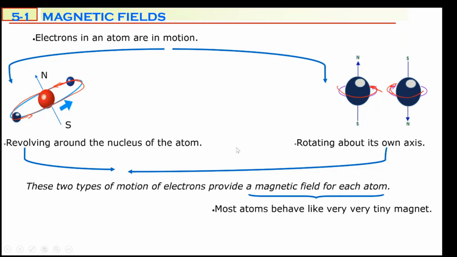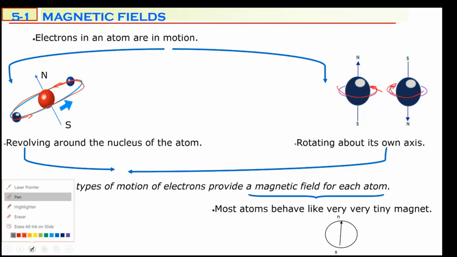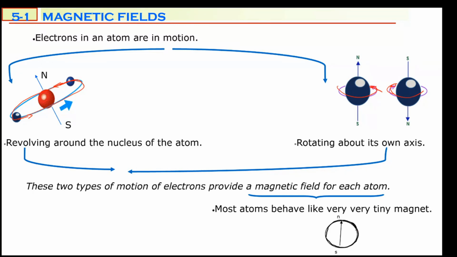That's why most atoms behave like very tiny magnets with an N pole and an S pole. Think this is an atom. This shape represents a model of an atom, and because of the motion of the electrons, the charges inside this atom will have an N pole and an S pole.